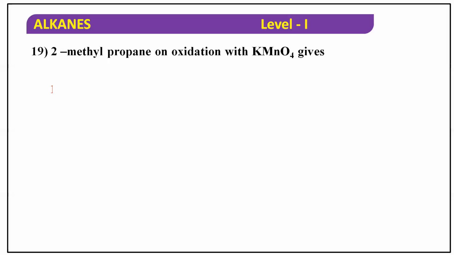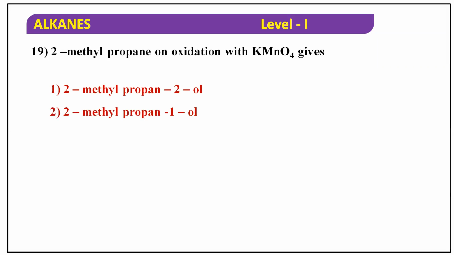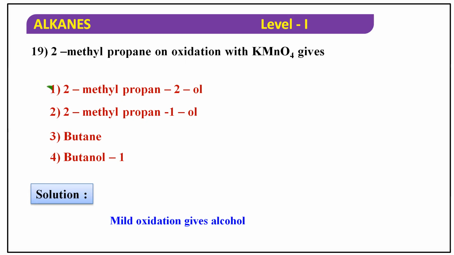2-methyl propane on oxidation with KMnO4, oxidizing agent. 2-methyl propane, so instead of H, what will come? Instead of H, hydrogen will be replaced by OH.